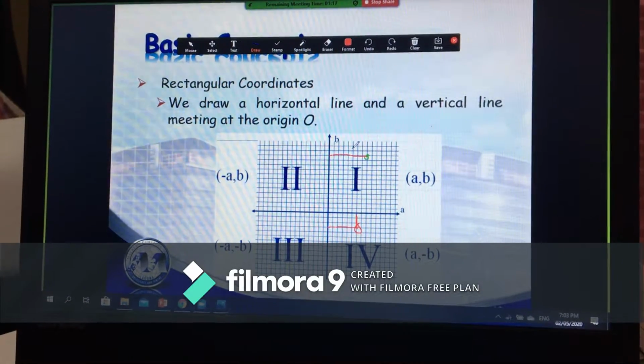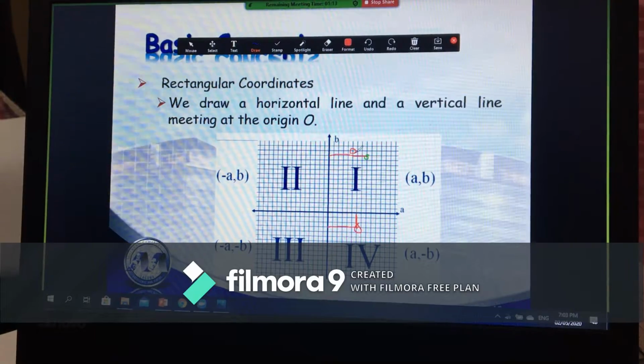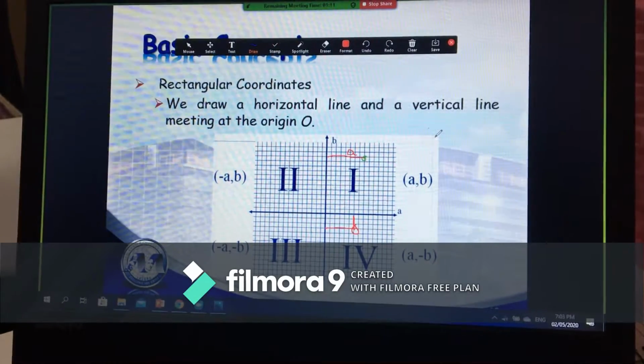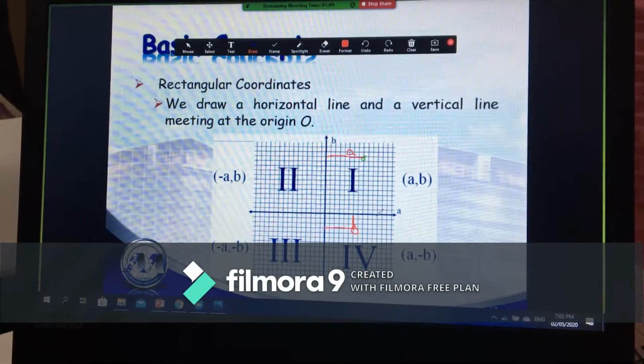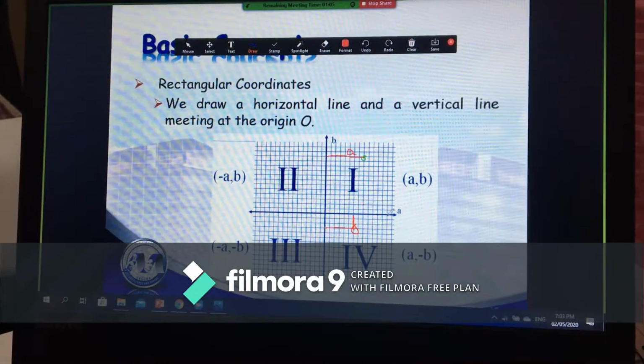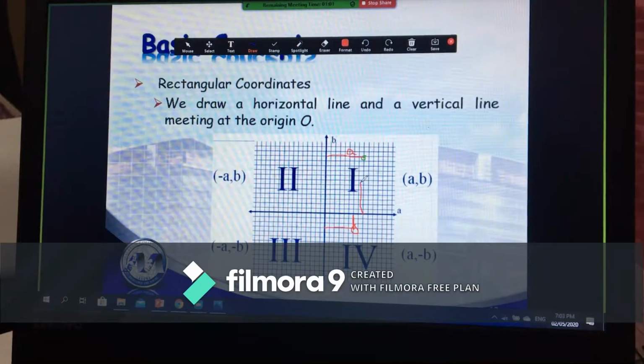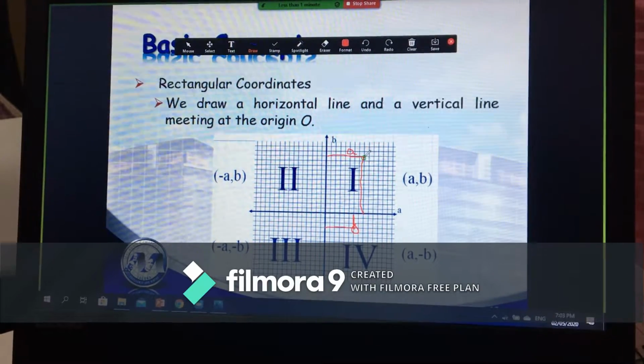So, ito yung tinatawag natin na A. Then, the distance from the horizontal line to that point, ito yung B natin.